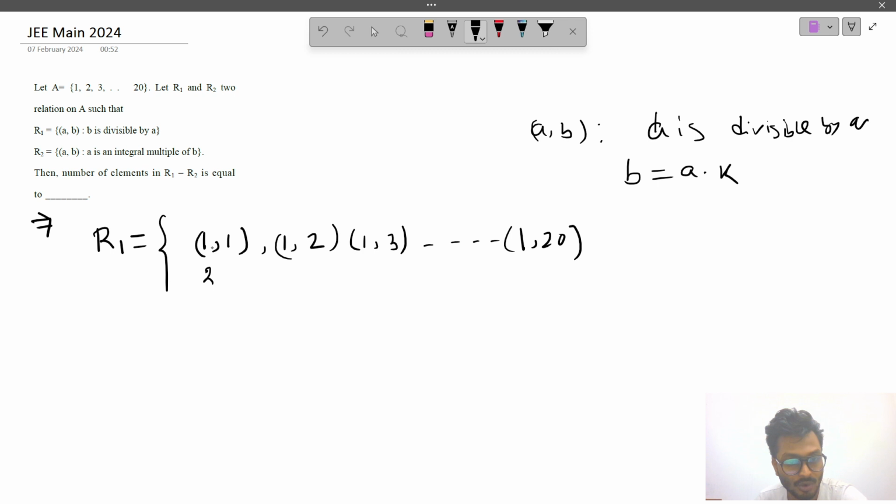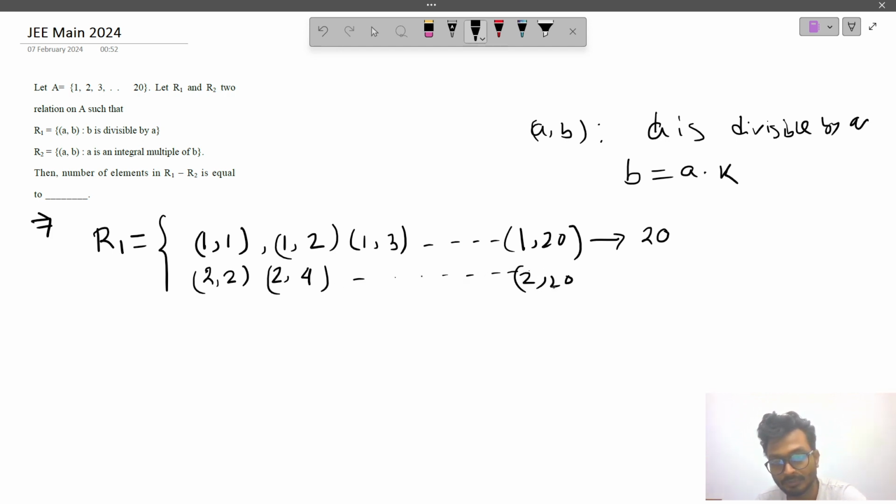So for 1 we get this, so how many terms do we get? 20 terms. Then for 2, (2, 2) will be there, then (2, 4) will be there, because 4 is divisible by 2. Similarly like this, up to (2, 20).